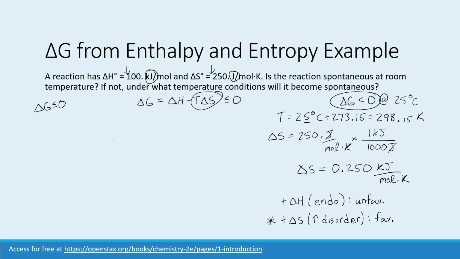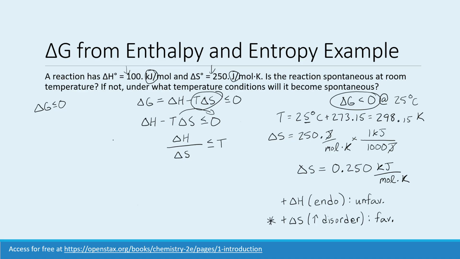Right, okay, so we're basically going to solve for the temperature at which the delta G value is equal to 0. And so if we rearrange this equation, you've got delta H minus T times delta S less than or equal to 0. Move that T delta S over to the other side and divide by delta S. You should get your change in enthalpy divided by your change in entropy should be less than or equal to your value of T.